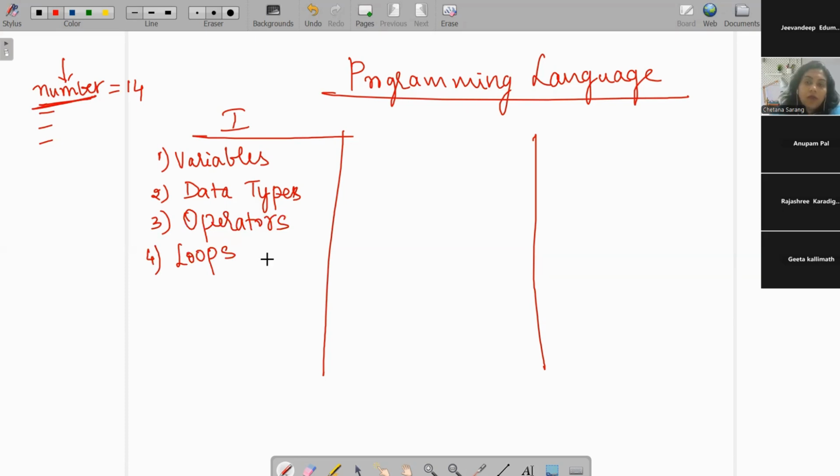For loop, while loop, do while loop. These are examples of loops. They help certain things repeat automatically without writing the code again and again. So loops are very important.